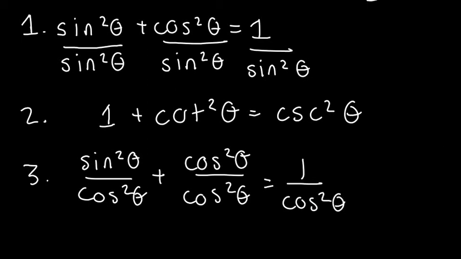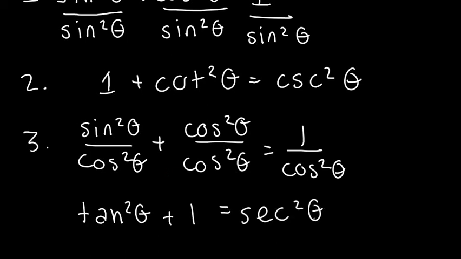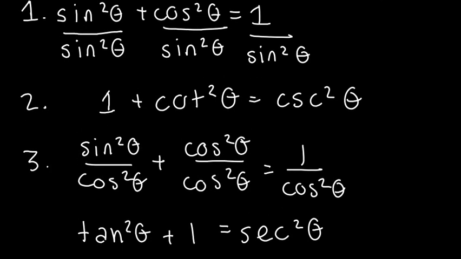And this would just cancel out to get tangent squared theta plus 1 is equal to secant squared theta. So these are the three main Pythagorean identities which will be used a lot in calculus for derivations, for limits, for integrals, and many other purposes.